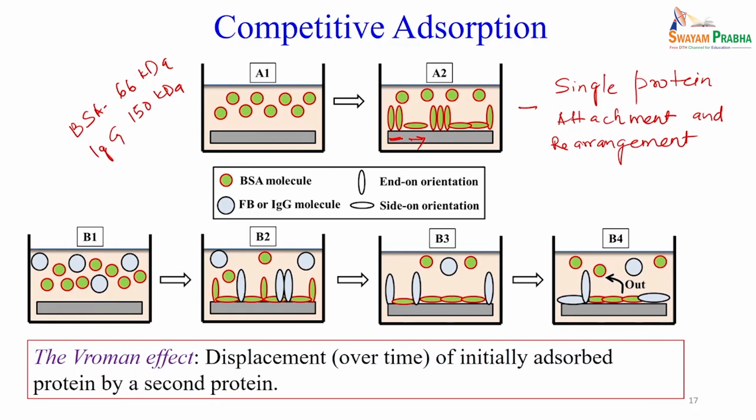So, what happens in competitive adsorption? The smaller protein molecule will have the higher diffusivity. In the first step, the smaller molecule reaches the surface, and it will have both end-on and side-on orientations.